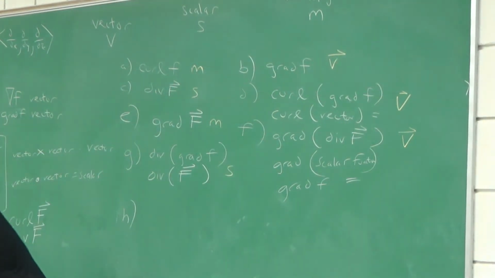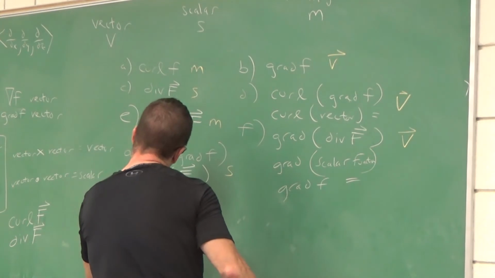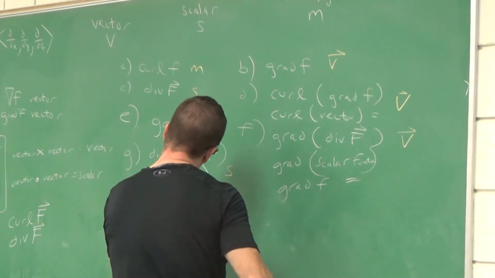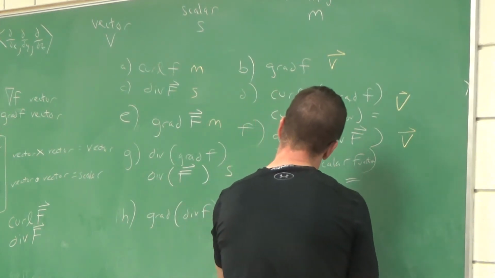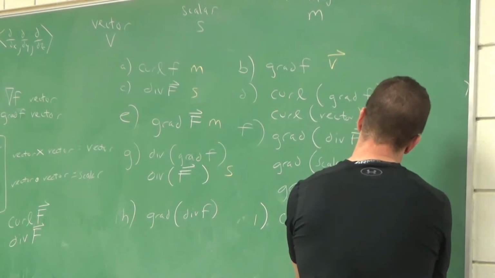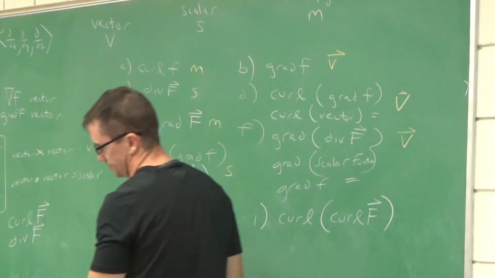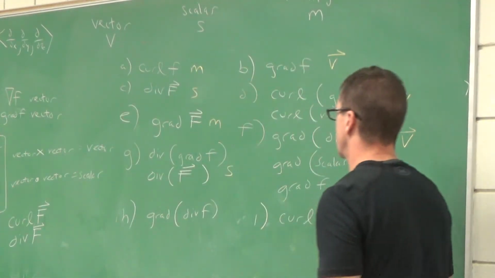All right, one more. No, we should do more. Grad, div F. Another one: curl of F. What do y'all think?